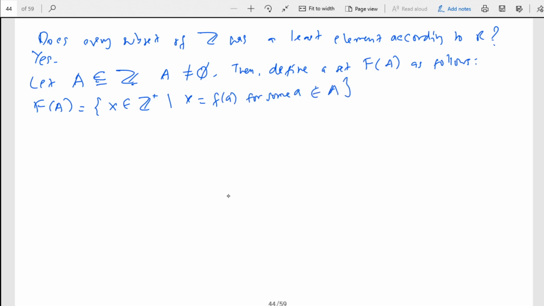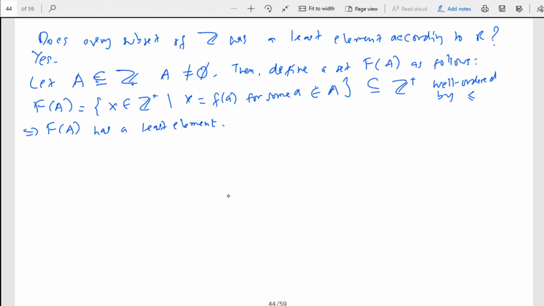Now this set is a subset of Z plus, and which is well ordered by this, right? So as a consequence, F_A has a least element, right?